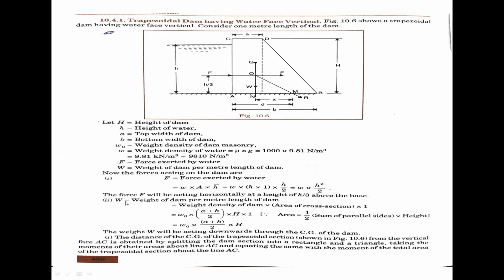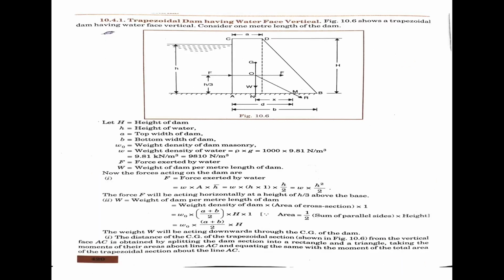The weight of the dam per meter length is the weight density of the dam into the area of cross section into 1 meter, W equals W naught into (a plus b) by 2, the area of the trapezoid, into H.